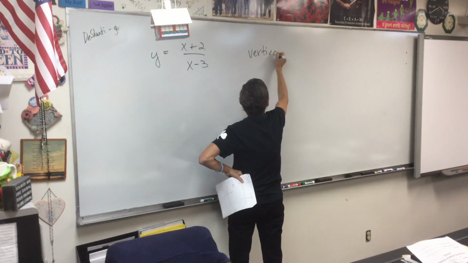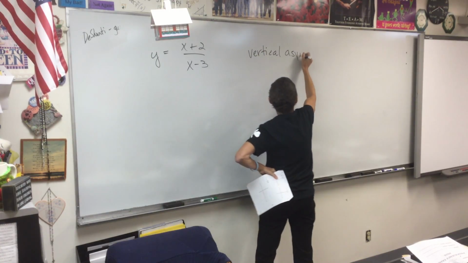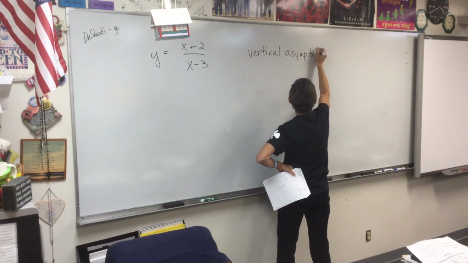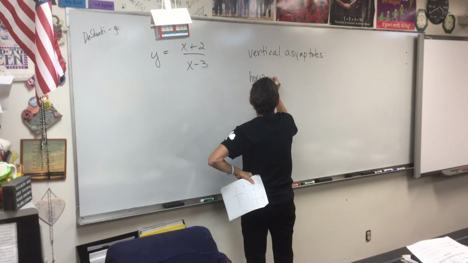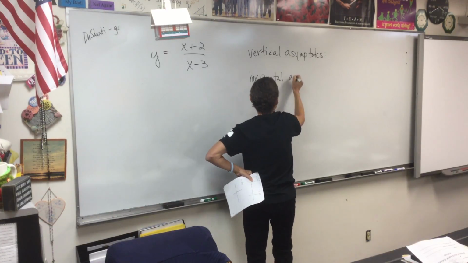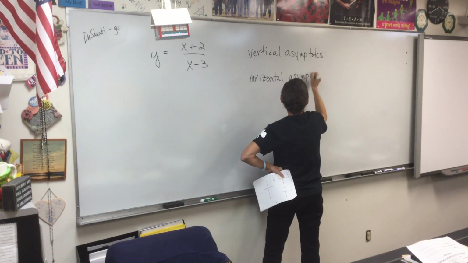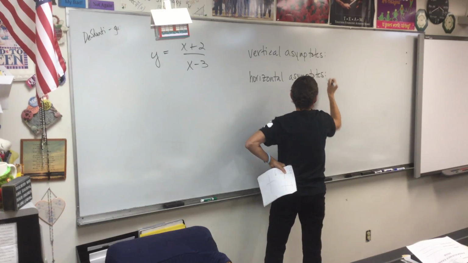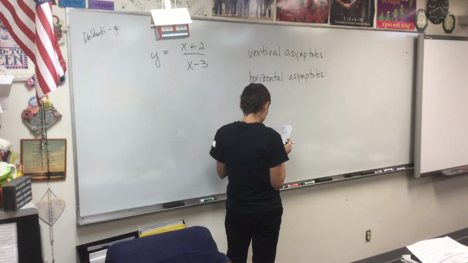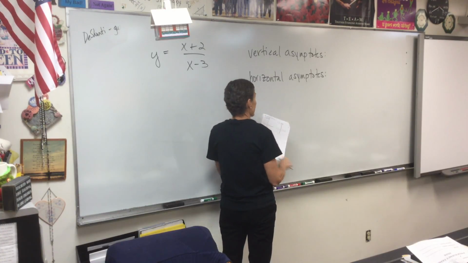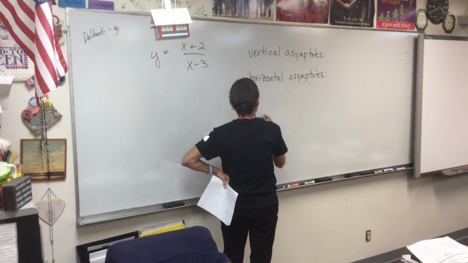Now, the information that's going into the graph, we're going to have vertical asymptotes, we're going to have horizontal asymptotes, and I'm not going to write this down every single time, but I thought for this first one, we'd go through, maybe take some notes somewhere, maybe clear down at the bottom of the page, or on another sheet of paper.